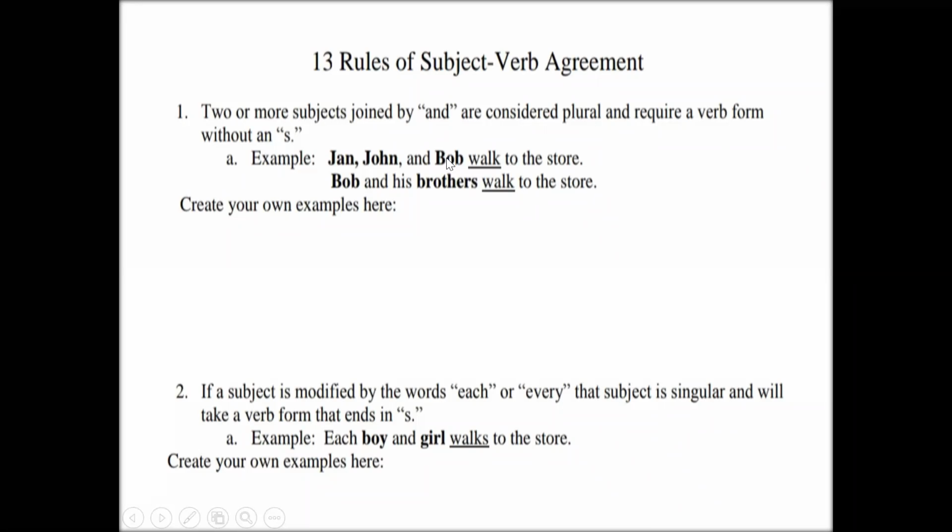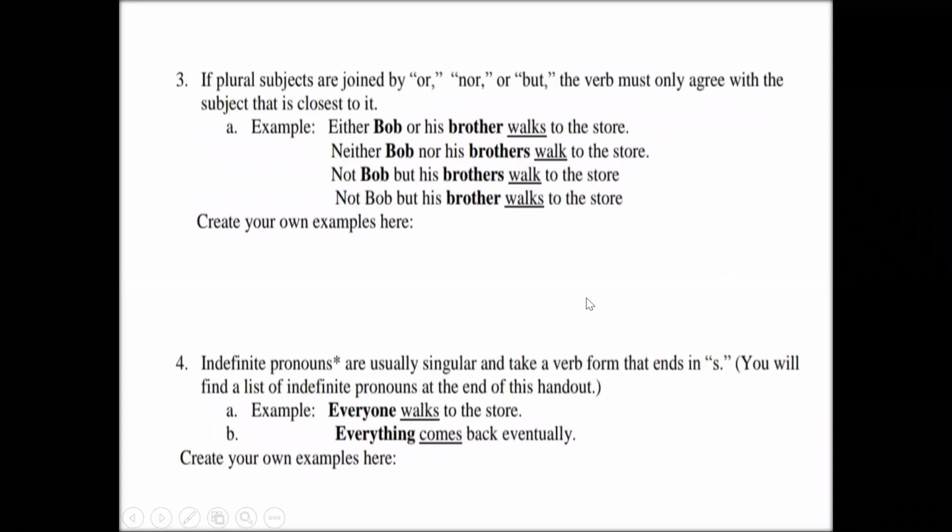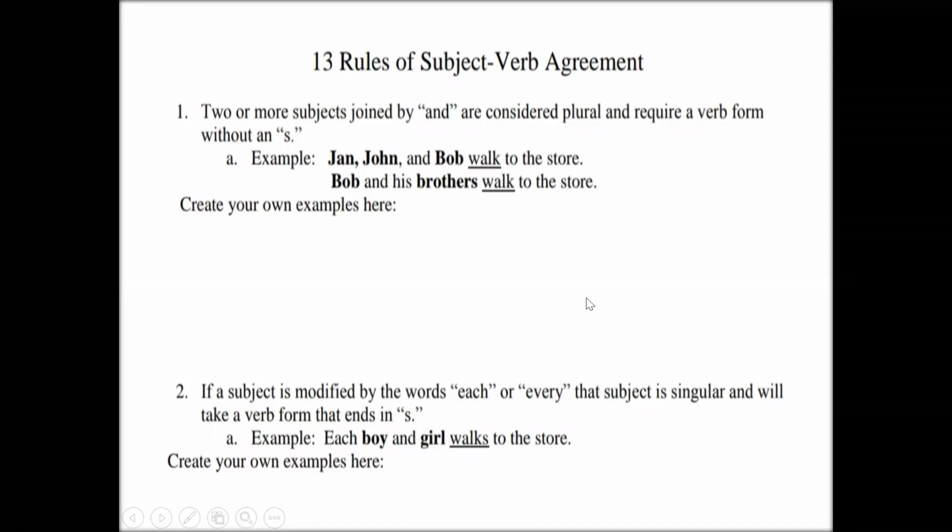So Jan, John, Bob are singular persons, but they are combined together in the statement with the word and. So it will be considered the plural form of subject. And when the subject is considered plural, we never add s or es to the verb. Okay? We generally don't add s or es.